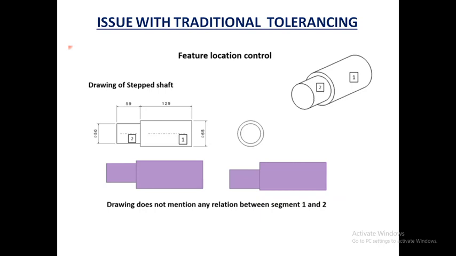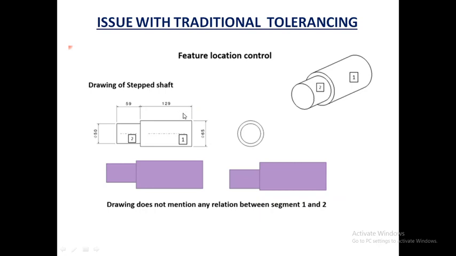Now when the part is made, there can be variation between the axis of the smaller step and the axis of the larger step, because of machine and operator variation. But in this drawing, that variation is not covered, and coaxiality of the small and big steps is not mentioned.